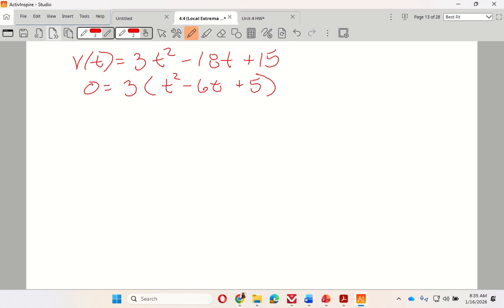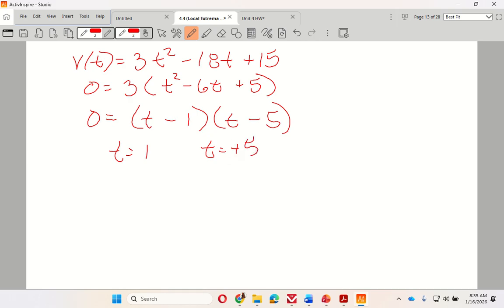Does 3 equal 0? Nope, let's factor that. So 0 equals 3 times t minus 1, t minus 5. Very good. And so I would say t equals a positive 1 and t equals a positive 5.